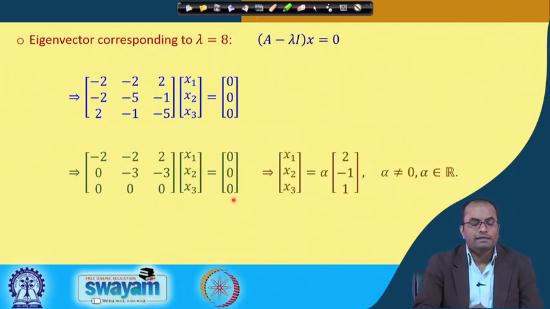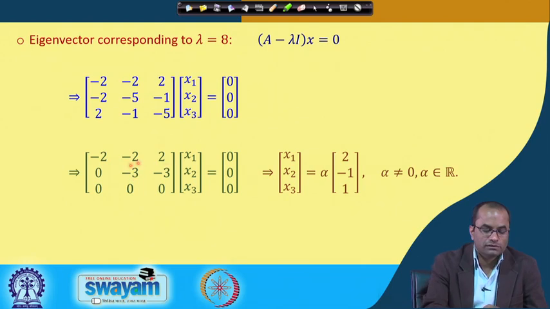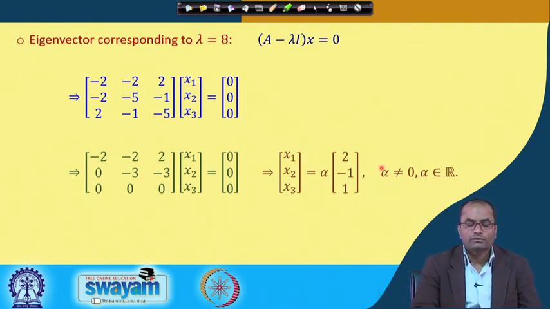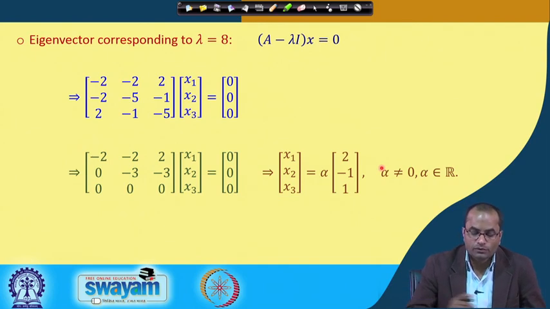So, then we can write down the solution of this equation, x 1, x 2, x 3. Here x 3 was taken as alpha, and x 2 comes out to be minus x 3, so we get minus alpha, and from equation number 1 we get 2 times alpha for x 1. So, we have alpha not equal to 0, and alpha belongs to the real numbers.